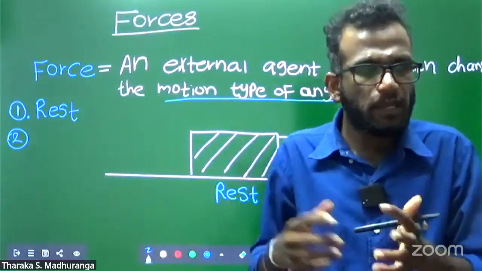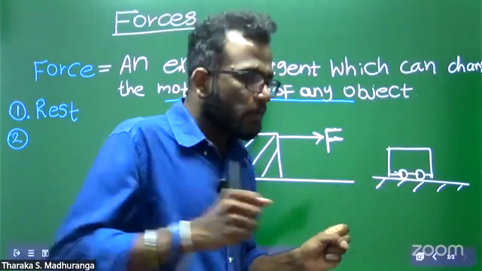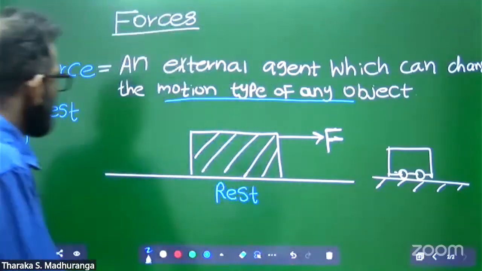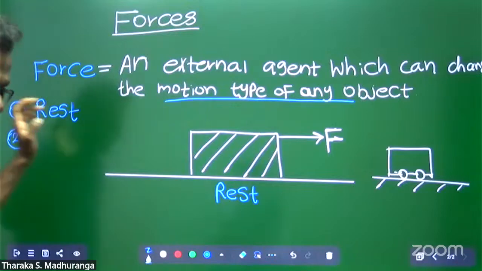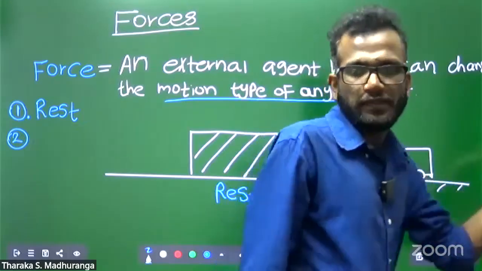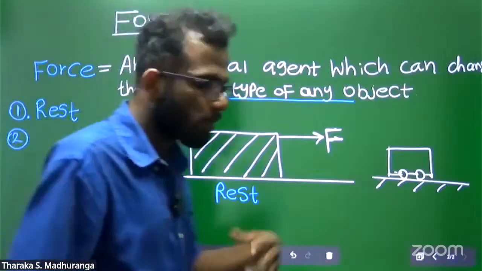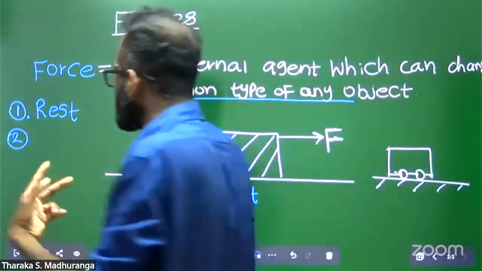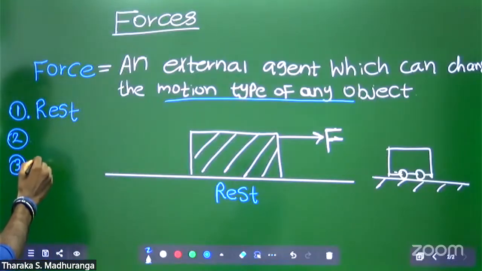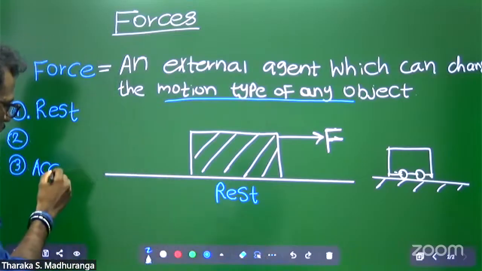The second motion type is when the bus puts into first gear and accelerates. That's the word: acceleration. Acceleration means with time the speed is increasing. We will discuss it later, don't worry. Now understand that the second motion type of any object is acceleration.